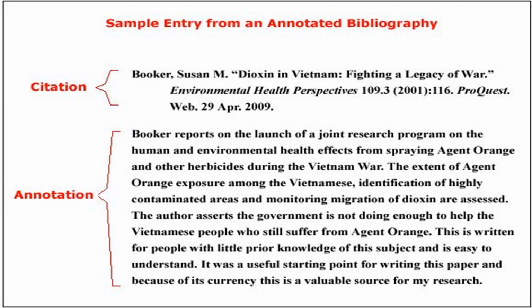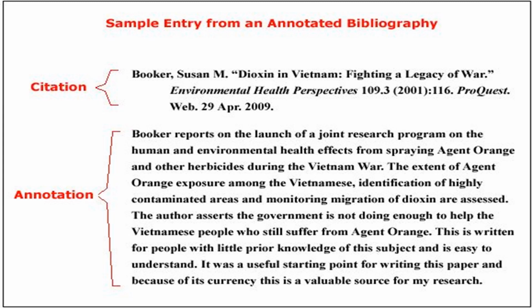For example, the author asserts the government is not doing enough to help the Vietnamese people who still suffer from Agent Orange. So that's the author's evaluation or realization on what the overall message is implied based on the reference.